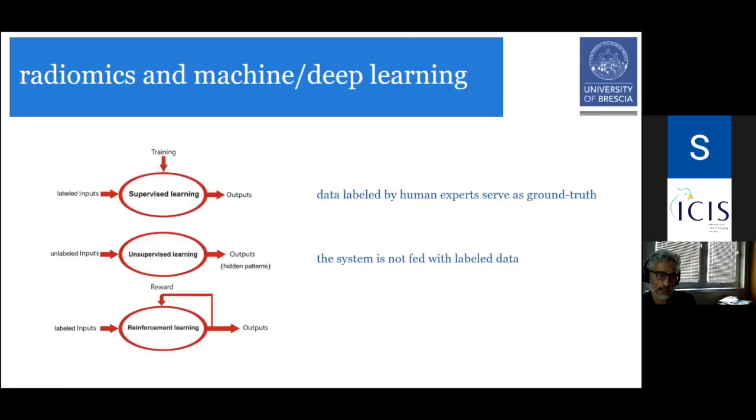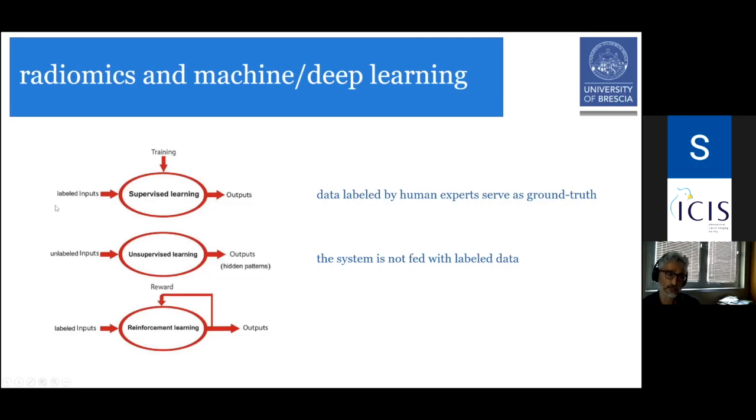So the data can be analyzed statistically or with artificial intelligence. And so there is a great intertwining between radiomics and artificial intelligence. Artificial intelligence may work in terms of machine learning, and this is generally a supervised learning, which means that the system is fed with labeled data.